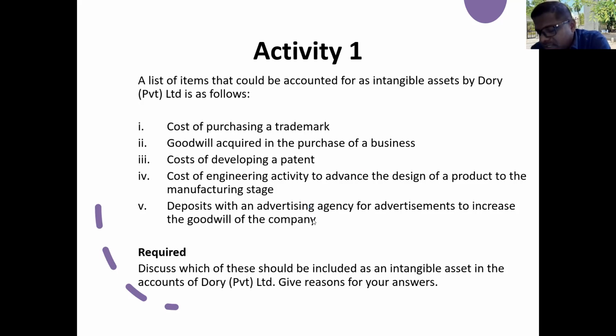Here the outcome is uncertain, and we don't know whether the advertisement will be successful or not. The advertising agency is much more independent and they are developing their advertising. For us, there is uncertainty involved, so we can't capitalize it or account for it as an intangible.